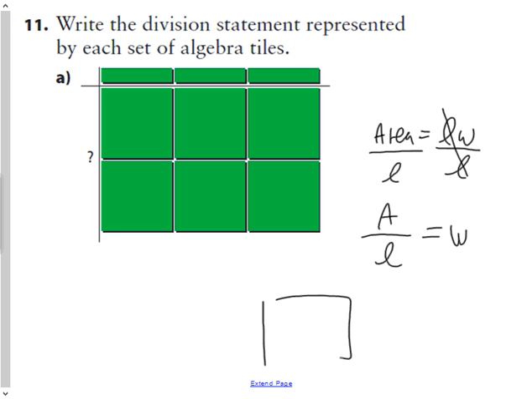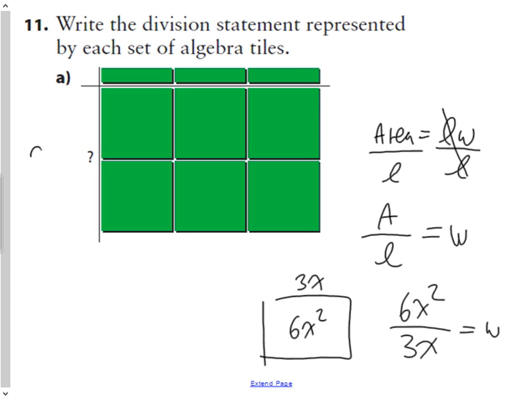So if we think about our area as being 6x squared and our length being 3x, then 6x squared divided by 3x will be the missing width. And if I work that out, 6 divided by 3 is 2. X squared divided by x is x. So therefore, the missing width of this particular model would be 2x.